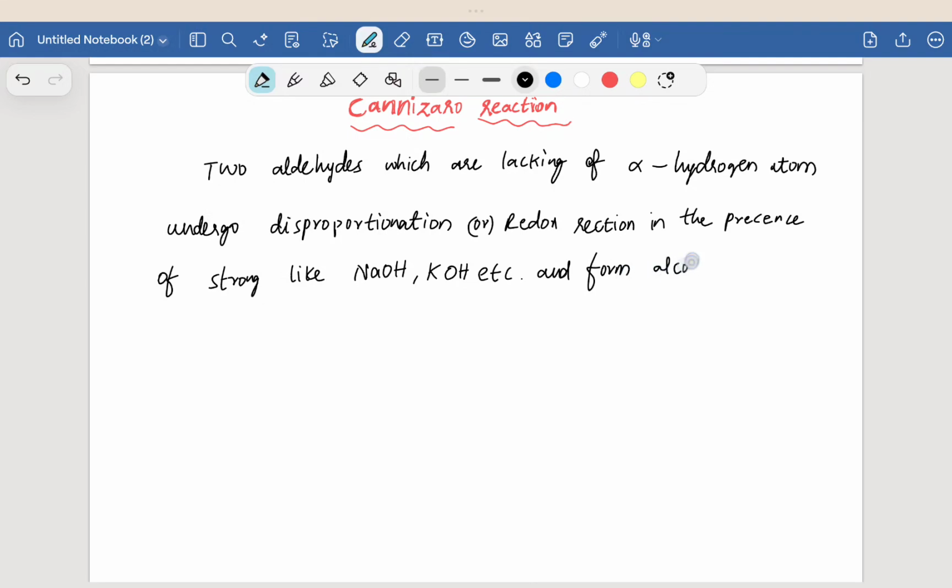Alcohol and a salt of an acid. That is called the Cannizzaro reaction.